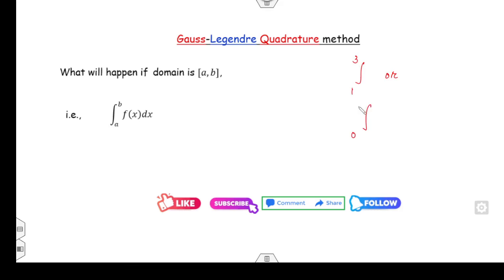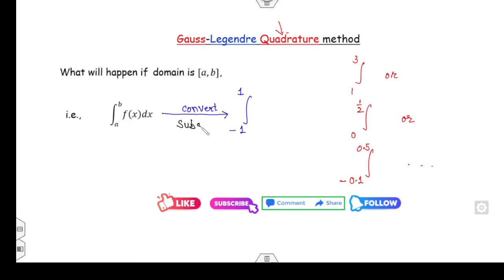Or integration of 0 to half, or integration of minus 0.1 to 0.5, and so on. How can you apply the Gauss-Legendre quadrature formula or the 1-point Gauss quadrature formula? Your target is to convert the domain a comma b to -1 comma 1, and we all know how to convert them.